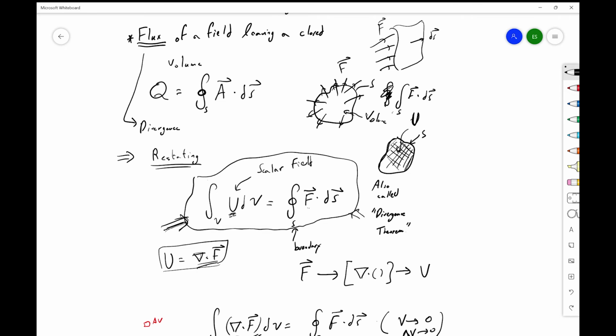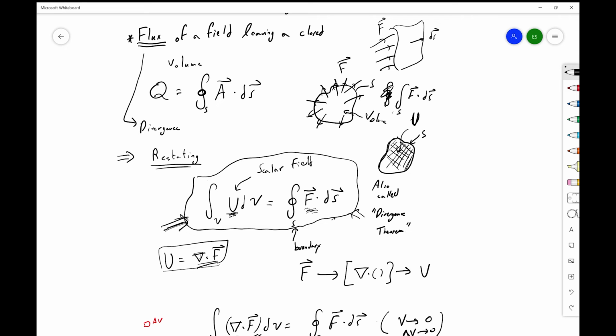But in the physical interpretation of this, the scalar field will be something like the charge density in space. That is the scalar field we're concerned with. And the field that we're integrating on the boundary is the electrical field. So this is exactly Gauss's law if you add physics to it.